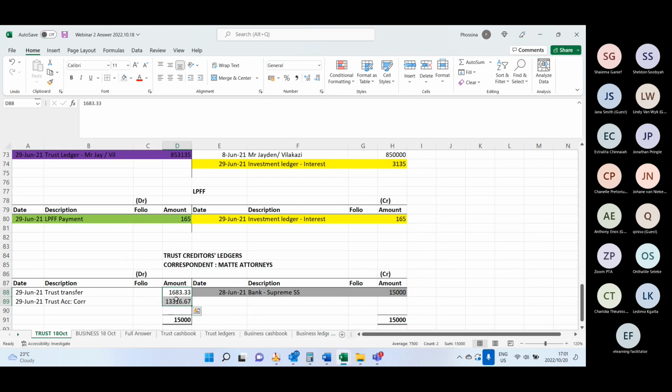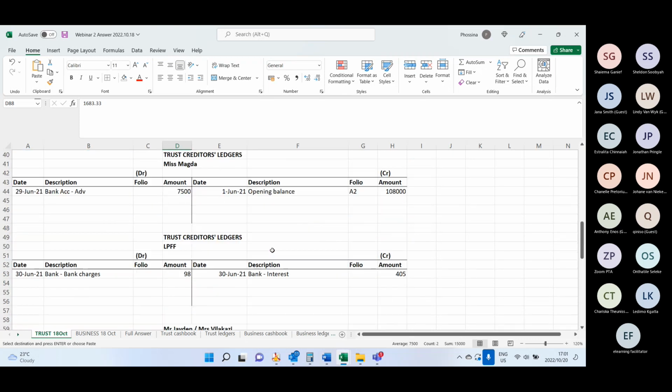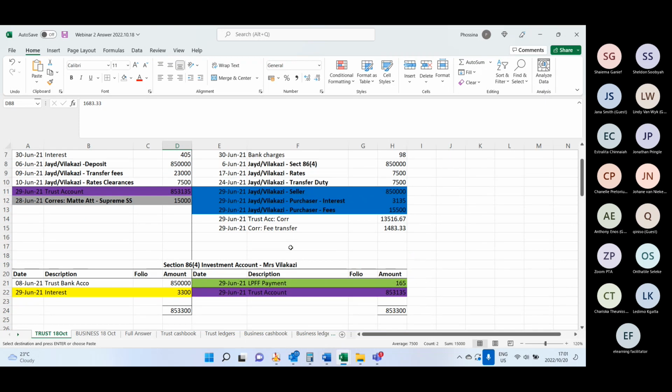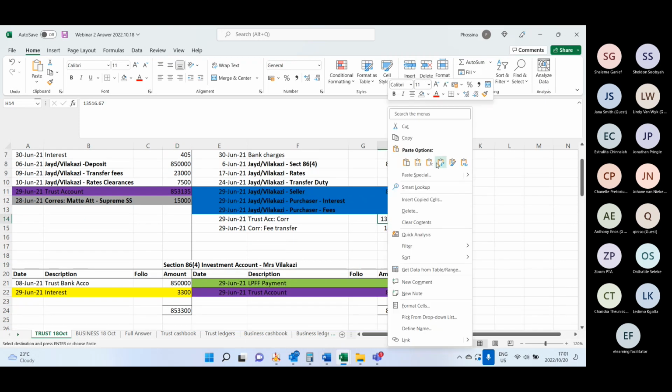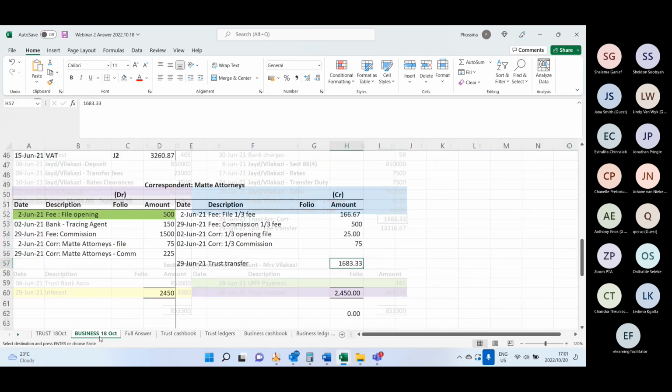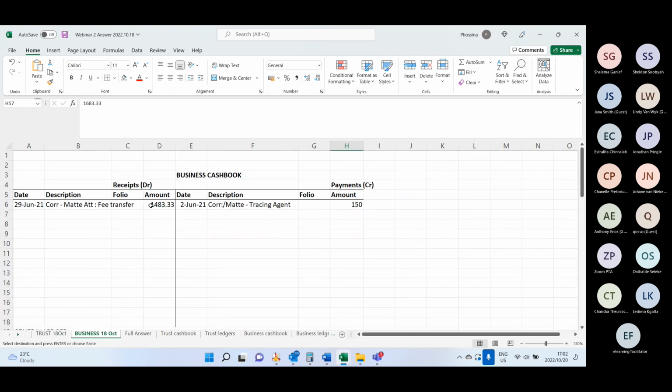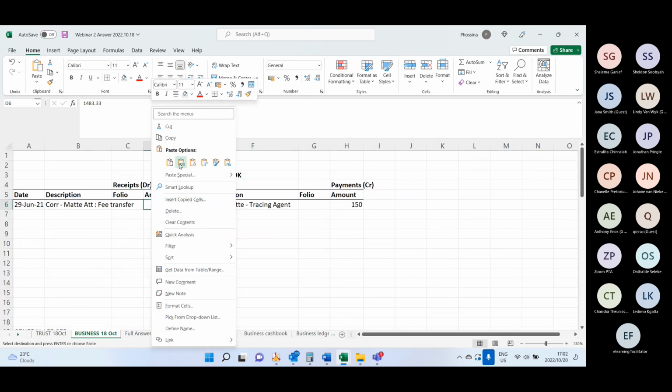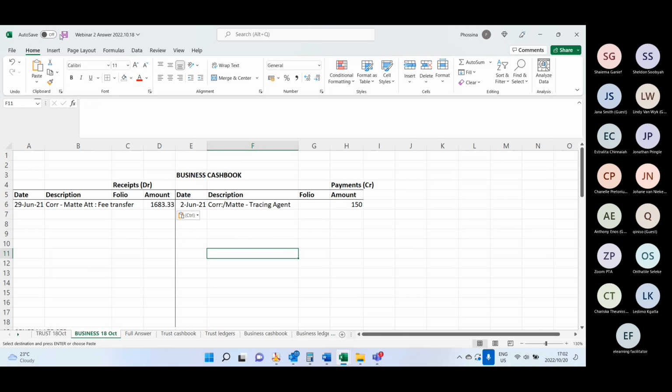So these figures as well, when it comes to the business account, they are changing because of the issue of VAT. So our correspondent is going to receive 13,316 because we had not taken VAT from the fees. His client is to pay us VAT. And also our business account, when we go back to the business, receives the amount with VAT. Okay, like that.